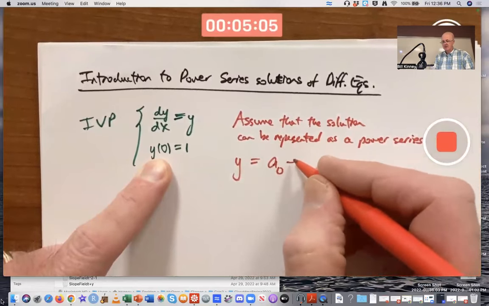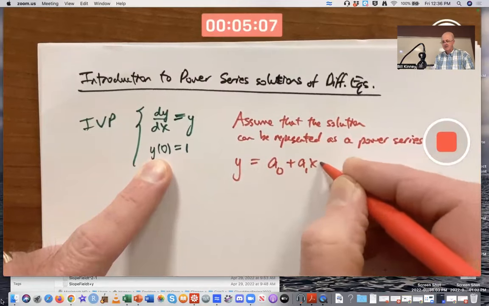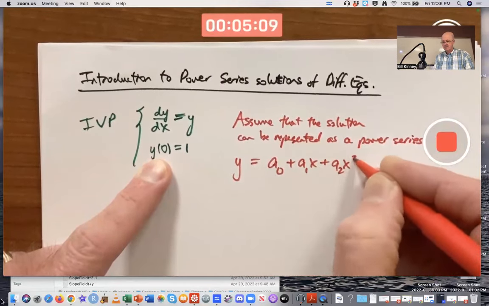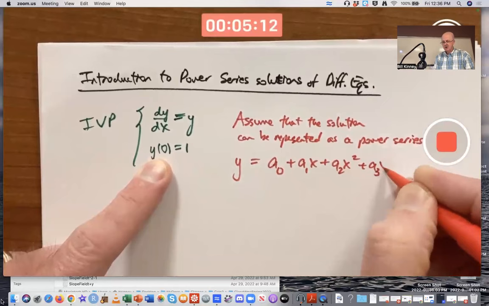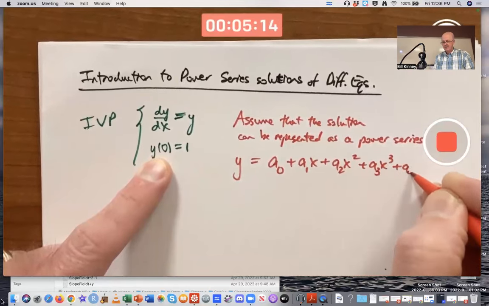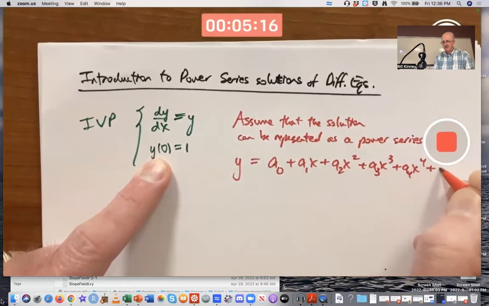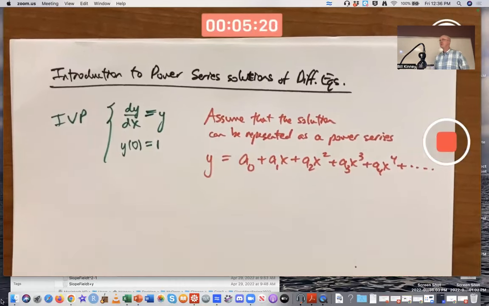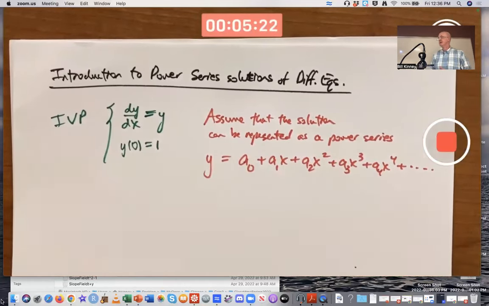There's the constant term, then the x term, then the x squared term, then the x cubed term, then the x to the 4th term, etc. That would be my assumed form of the solution as an infinite series. It is an assumption. That assumption could be wrong in general, but certainly with simple examples like this one, it does end up working.